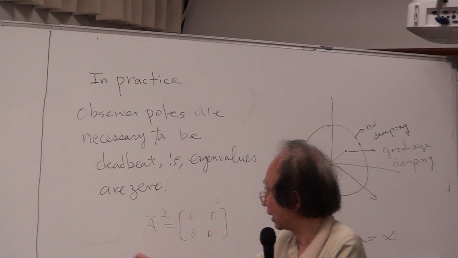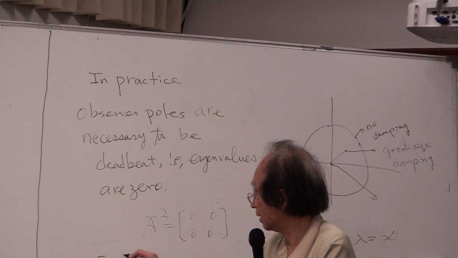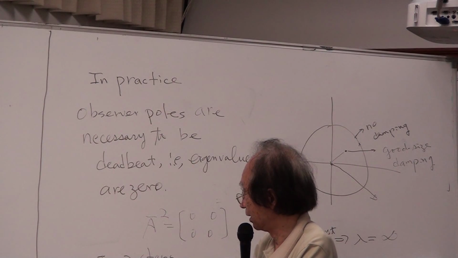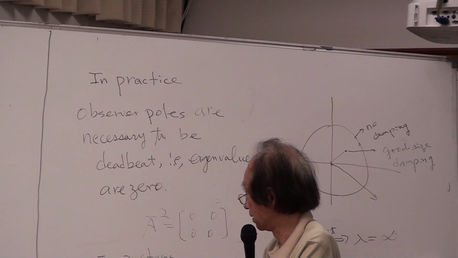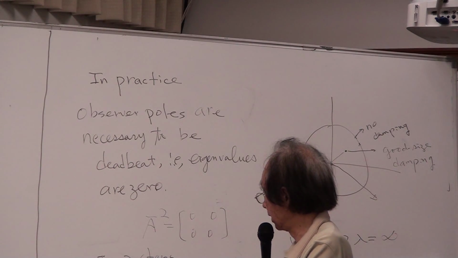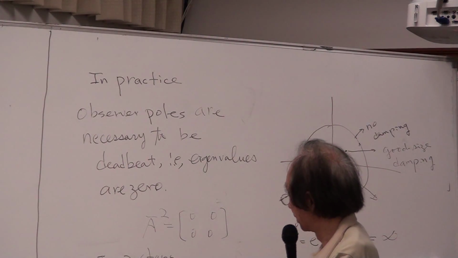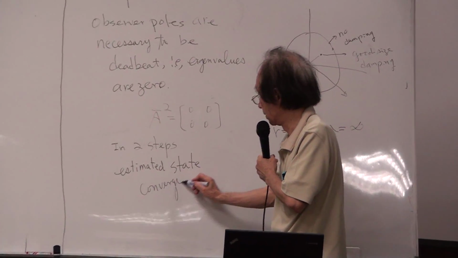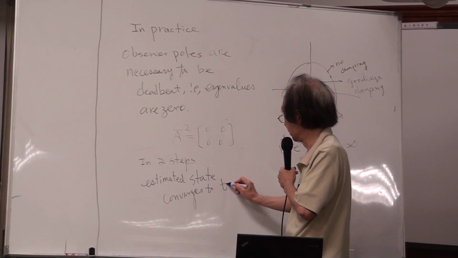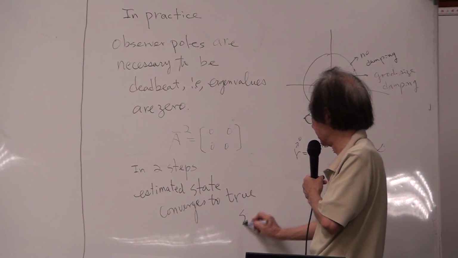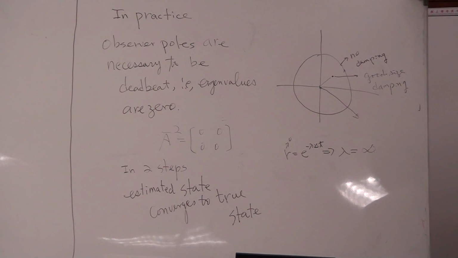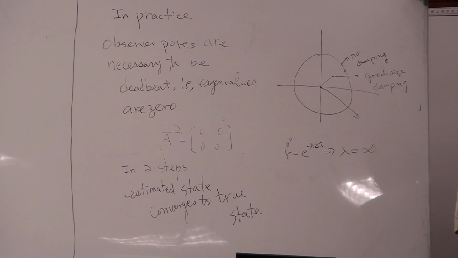And that means in two steps, the estimated state converges to the true state. Just two steps. Fast. It converges to the true state.